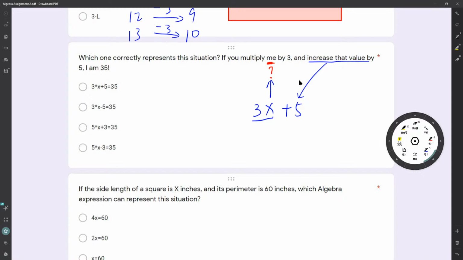That means after you do all this, the result is 35. We don't know this number, but we use a letter x. Multiply x by 3, that's 3x. Increase 3x by 5, 3x plus 5, and the result is 35.